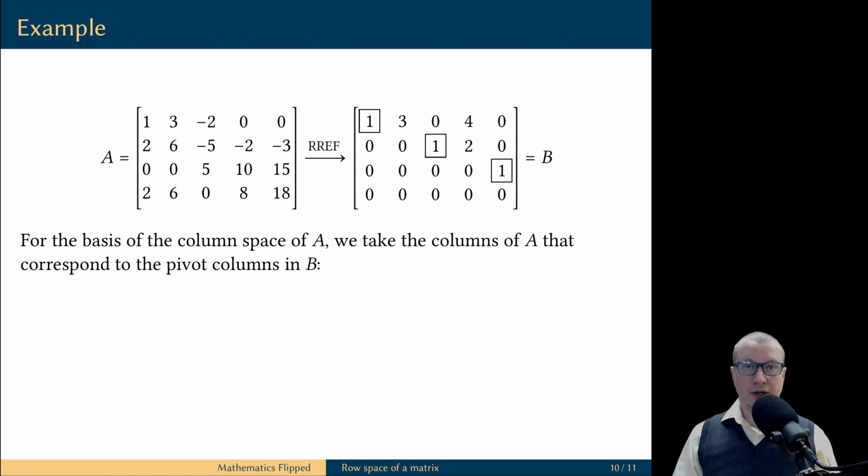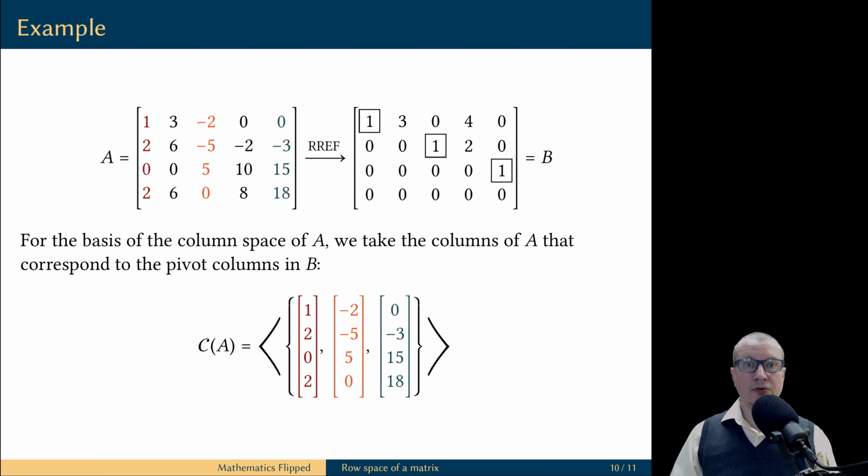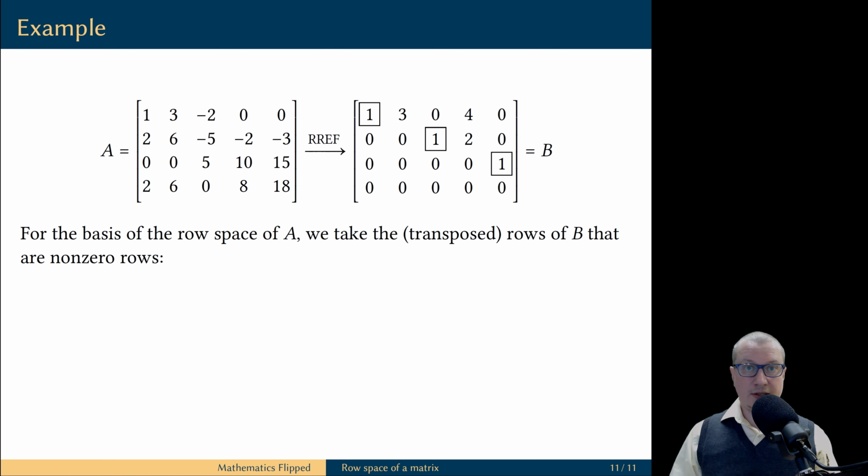So, for the column space, what we do is we look at the pivot columns in the reduced matrix. We see that there are columns 1, 3, and 5. So we take the same numbered columns in the original matrix A. So columns 1, 3, and 5 of the original matrix A form a basis of the column space of the matrix A. Still using the same reduction, we can also write the basis of the row space.